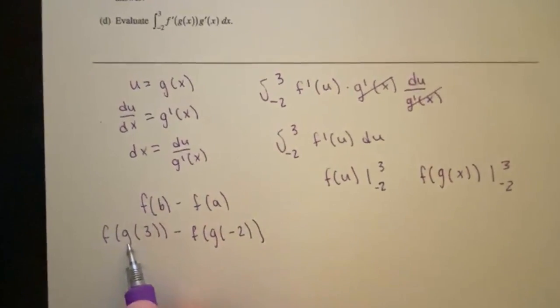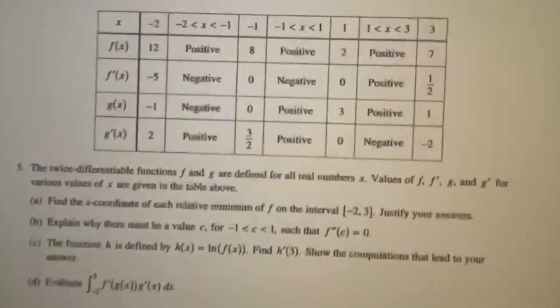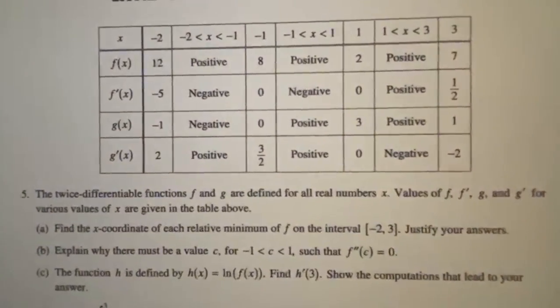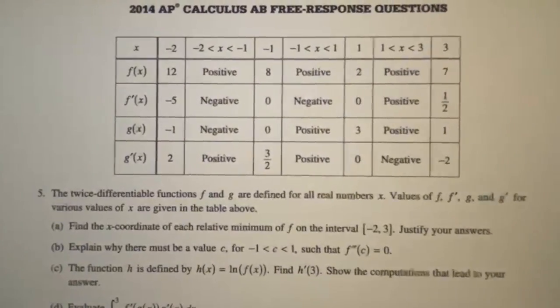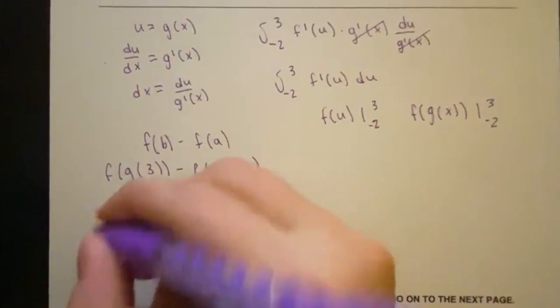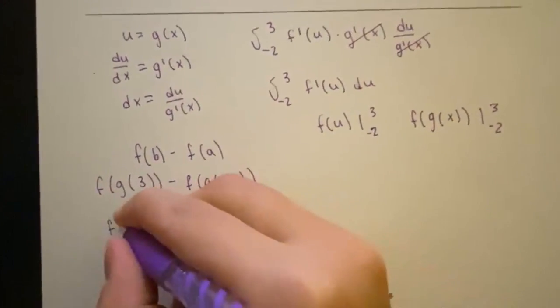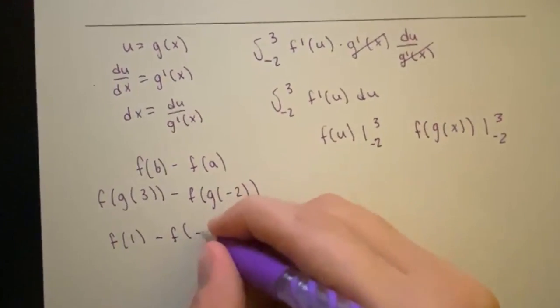So we need our g of 3 value and g of -2 value. So g of 3, we see that that is just 1, and then our g of -2 is -1. So we just have to plug it in. So f of 1 minus f of -1.